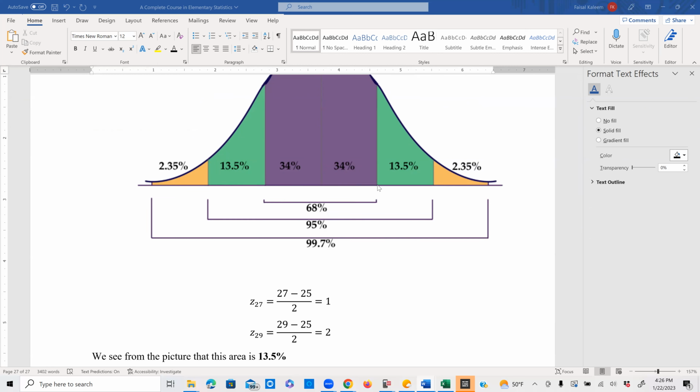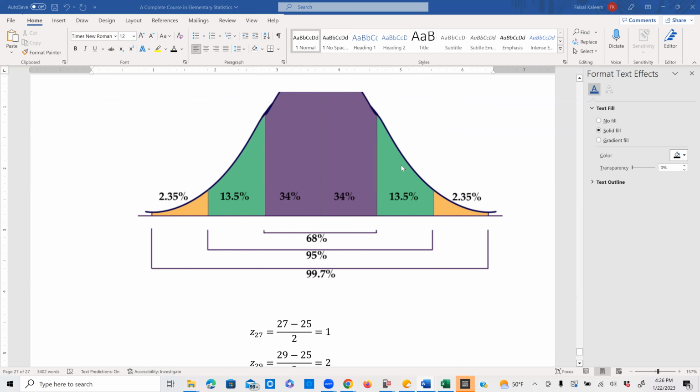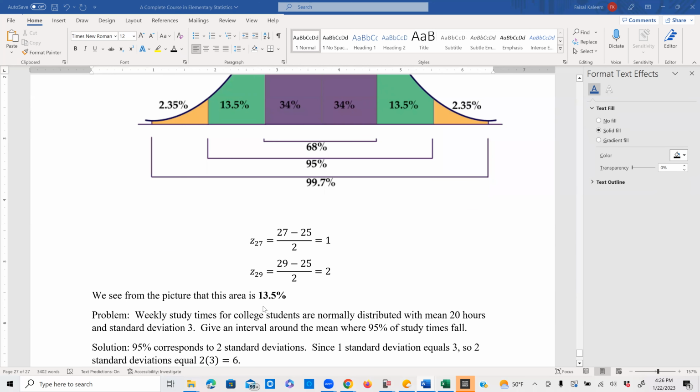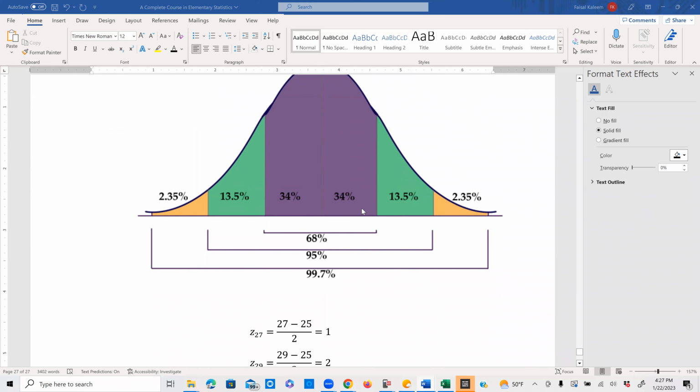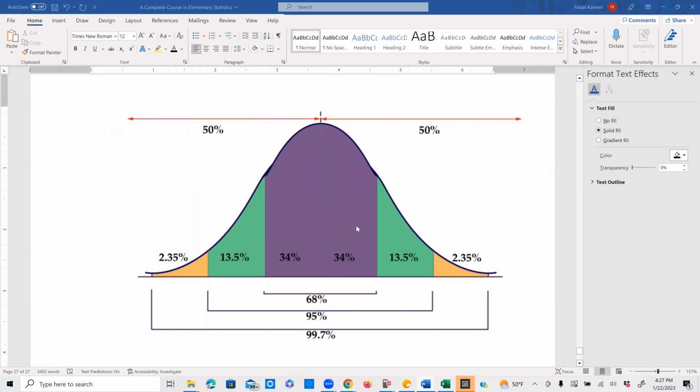So remember, this is the 1 standard deviation mark, this is 2, this is 3. And we can easily see that between 1 and 2, it's the 13.5%. So if you just memorize this graph, you know the answer right away that it's 13.5%. But let's say all you memorize is those 3 numbers, which actually is sufficient, the 68, 95, and 99.7.